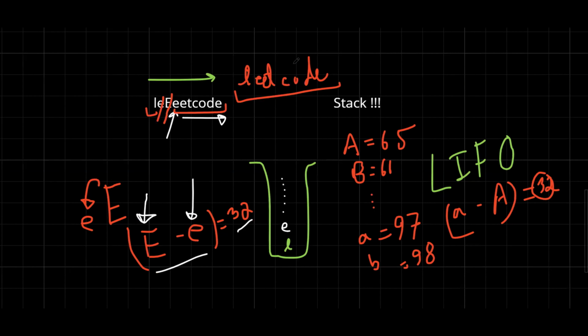So if we find any uppercase letter, we have to check whether the difference of the top element of the stack and the uppercase letter is 32 or not. If it is, that means we have to remove the top element from the stack and the process should go on. After that, we have to print all of the elements that are present in the stack.